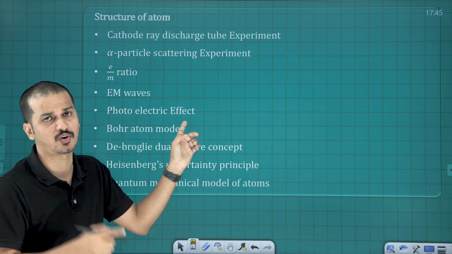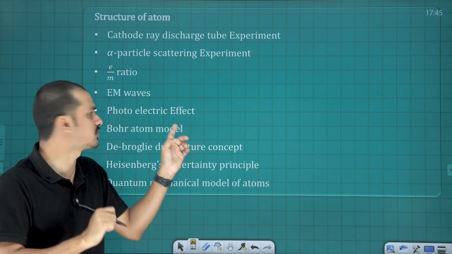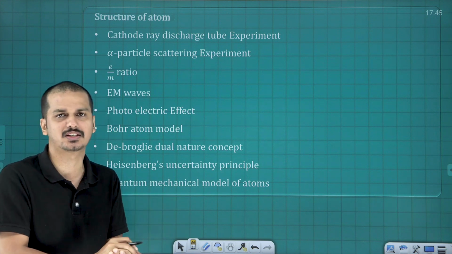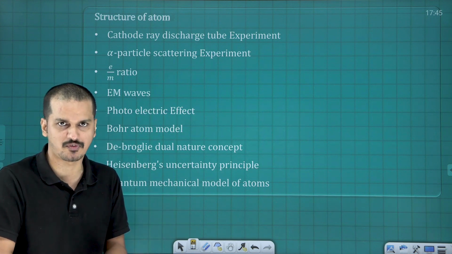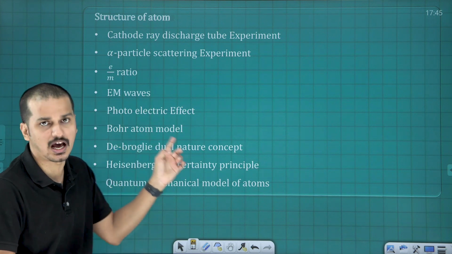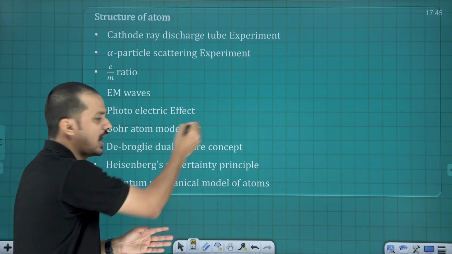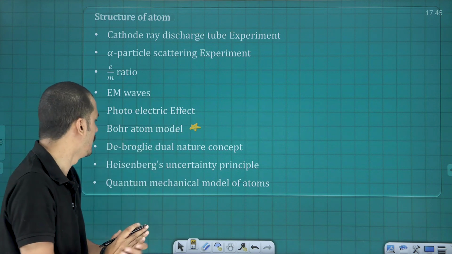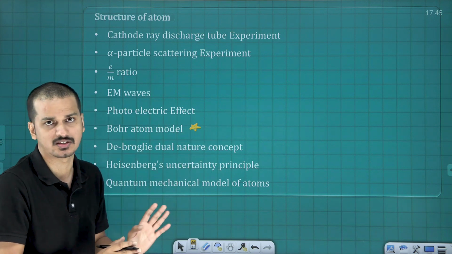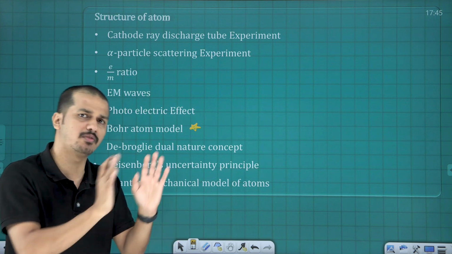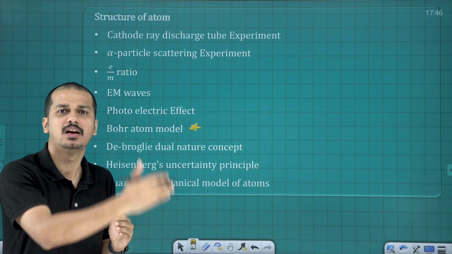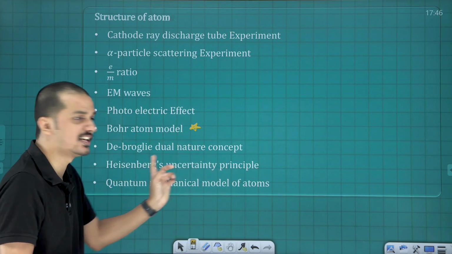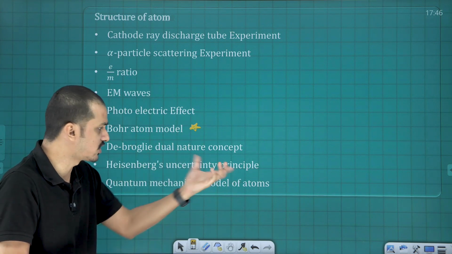Then the photoelectric effect, you are learning in physics actually, but here we have to learn some basic ideas: what is the photoelectric effect, what is the equation for the photoelectric effect. Next, the Bohr atom model, that's very important for us. The Bohr atom model was developed from the hydrogen spectrum, so we must focus on that idea. Then the de Broglie dual nature concept: not only particle nature, wave nature is also there, and we can calculate the wave nature by using the formula lambda equal to h by mv. Then the Heisenberg uncertainty principle, that is also very important.